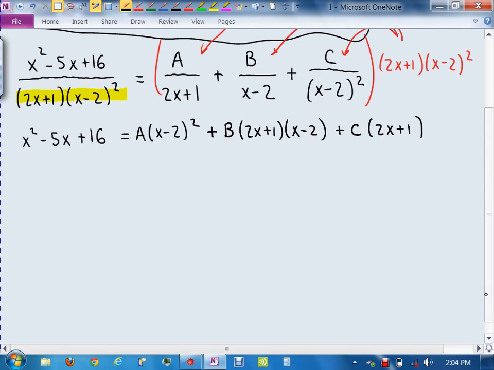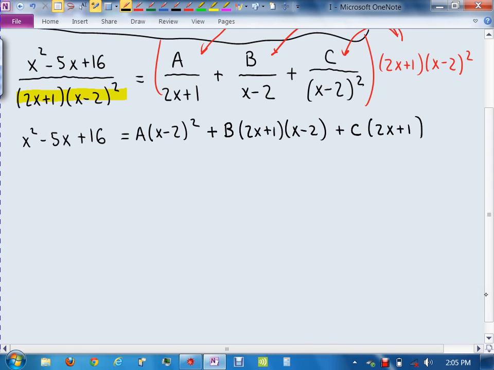Can we get B? So can we kill off A and C at the same time? No. How are you going to preserve B when you have to kill those two off? The only way to kill this one off is to let x be what? 2, right? The only way you can let this happen is if x is 2. But as soon as you choose x to be 2, this one's done, right?